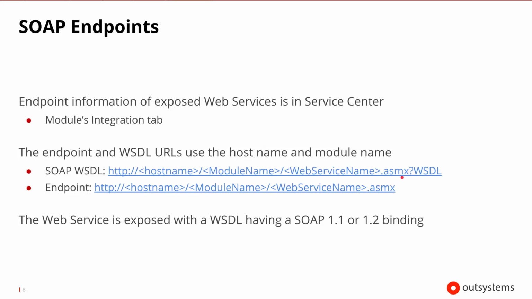And if we wish to make the WSDL available, it's providing the WSDL as a parameter after the question mark. If people want to use the actual web service, they just call the ASMX file directly. So the web service is exposed with a WSDL, and depending on how we defined it, they can go ahead and load the SOAP 1.1 or the SOAP 1.2 binding.